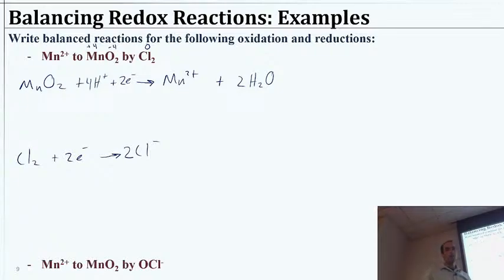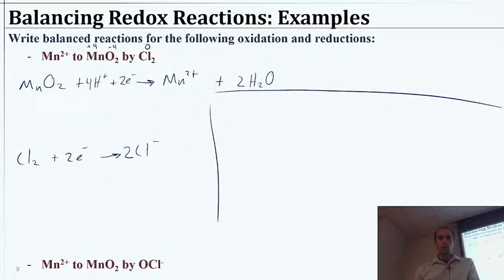I want to have chlorine, Cl2, on the left side of my combined equation, and I want manganese 2+ on the left side, and whatever goes with them. That's how I like to think about it, because chlorine is oxidizing Mn2+ to yield some product. So that's the way my brain works best.